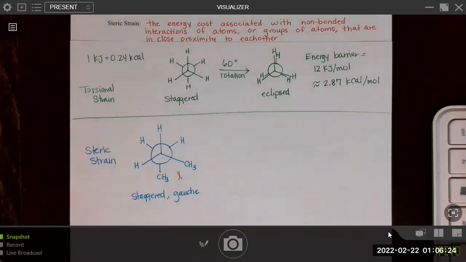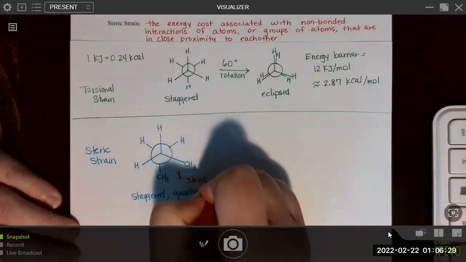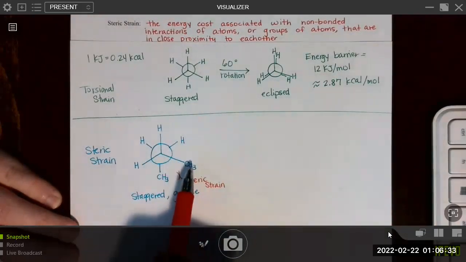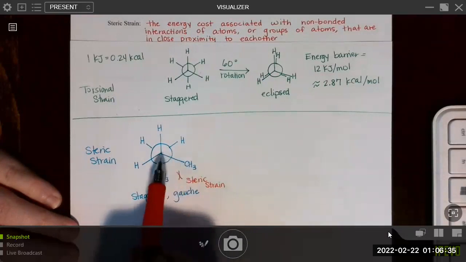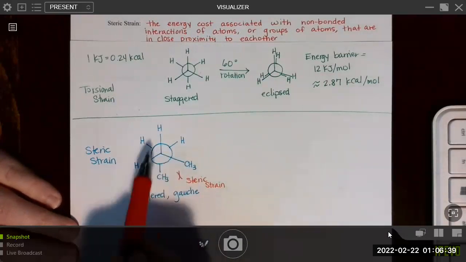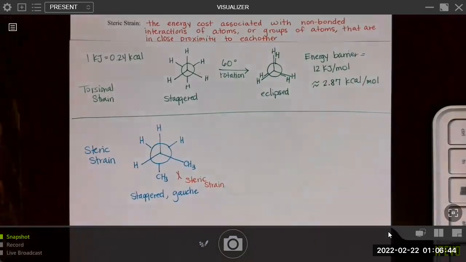So this is an example of steric strain because these groups of atoms, which are methyl groups, are not attached to each other. They're actually attached to adjacent carbons. And in this conformation, they get rather close together. So we call that a steric strain.